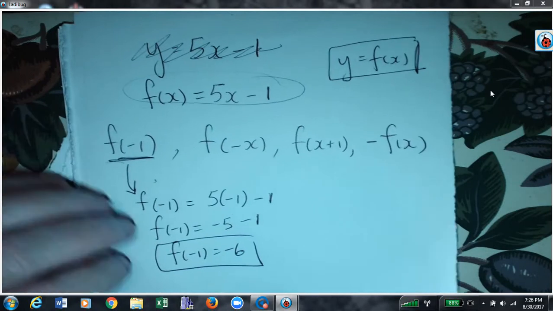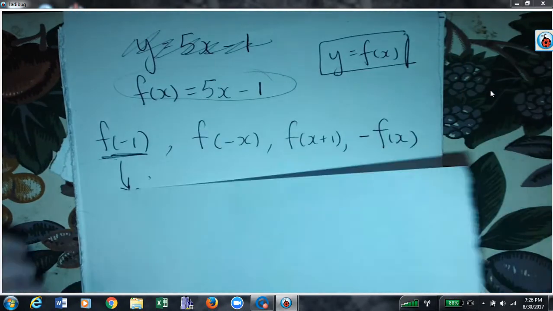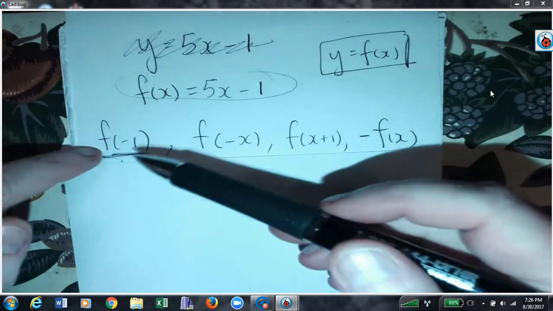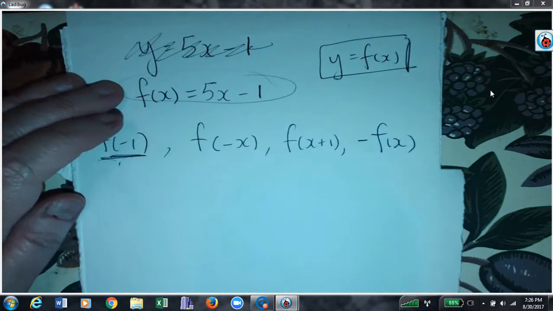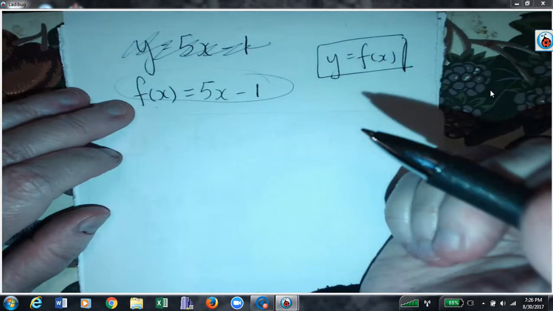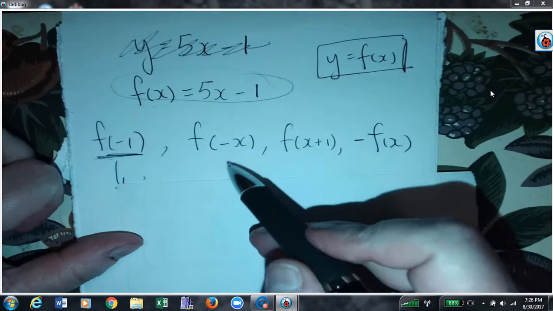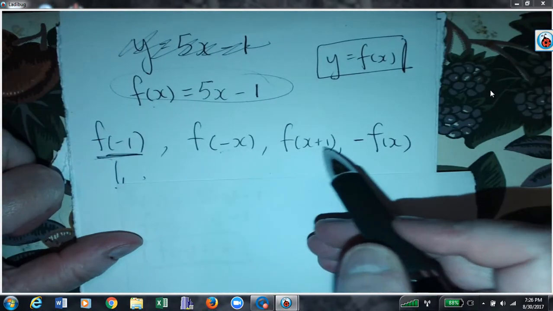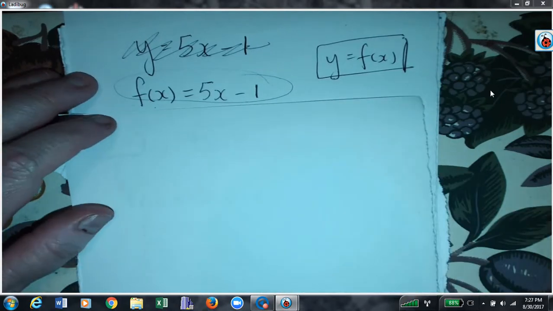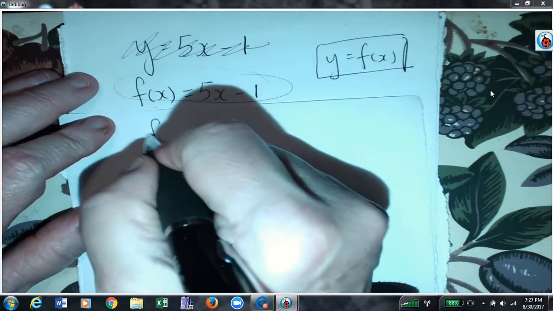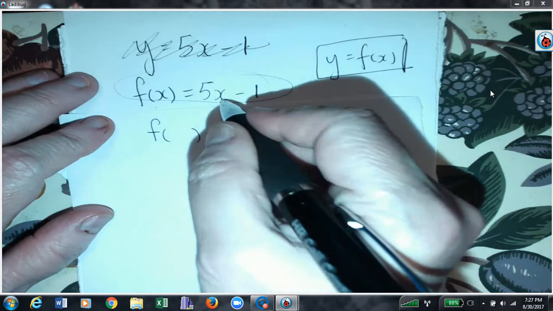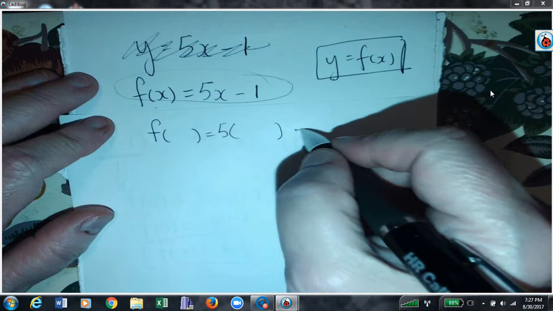So that's my answer to that one. Now, what is f evaluated at -x? Well, if you've got something different than a number, then here's the best way we can do this. Here's my original formula. So now if I want to evaluate it with something a bit more complicated than just a number, rewrite f as it was, but without the x. And wherever the x was in the formula, put parentheses in.